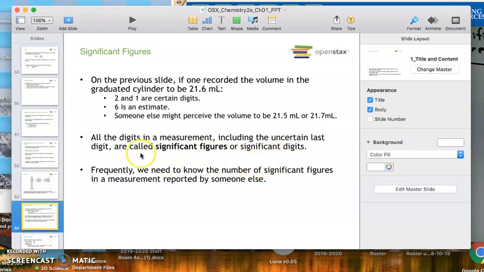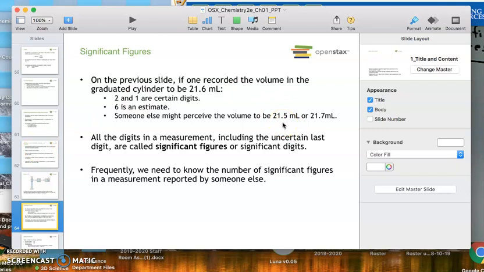So all the digits in a measurement include the uncertain last digit, and so we have to learn the rules of what's called significant figures or significant digits. If it's a significant figure, it's telling you that the numbers that are there are known. For example, if we said that the volume was 21.58, that would not be correct, because there is only 1 set of hash marks on that graduated cylinder.